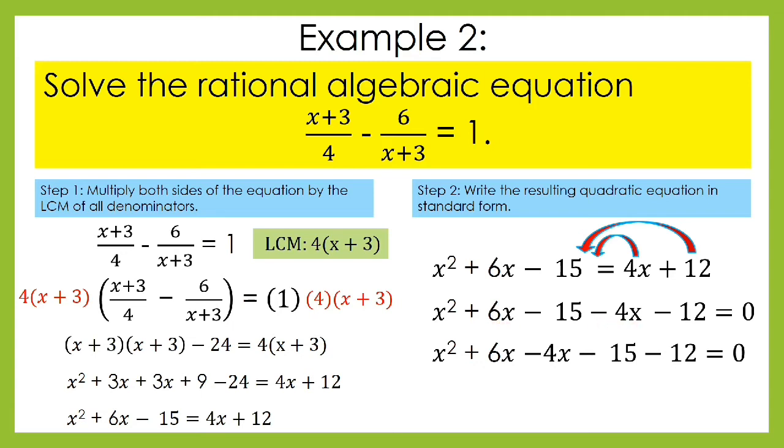Okay, itabi natin yung isang term na parehas ni 6x, negative 4x, negative 15, and then minus 12 equals 0. Simplify. Okay, so x squared, 6x minus 4x is 2x, negative 15 minus 12 is negative 27 equals 0. Nasa standard form na yung ating equation.